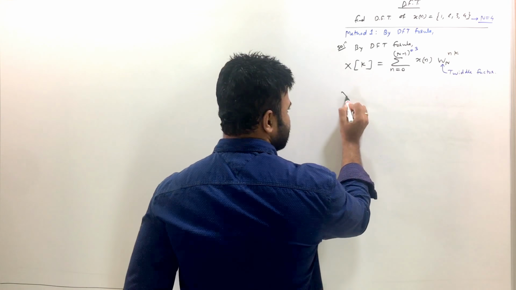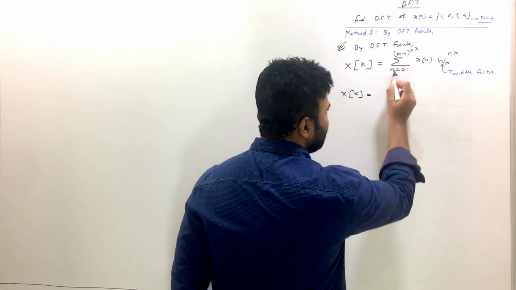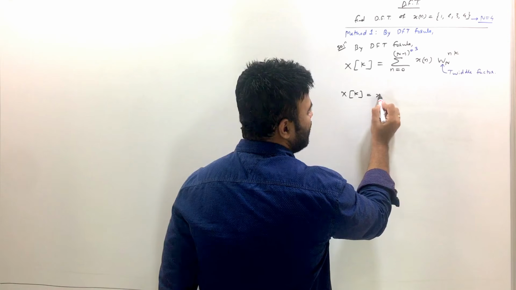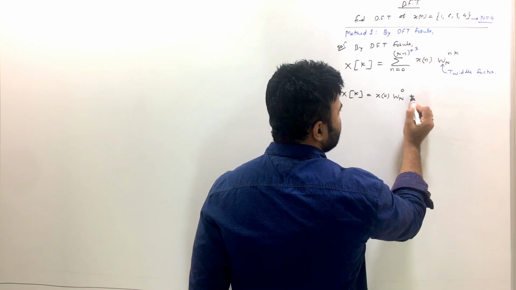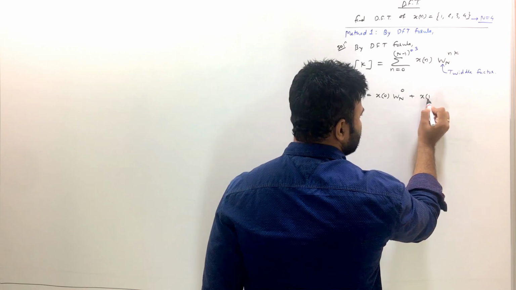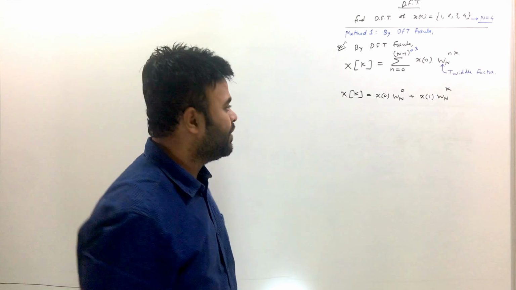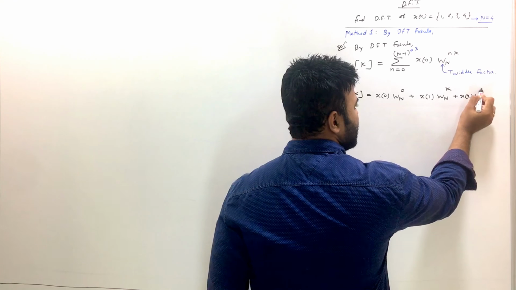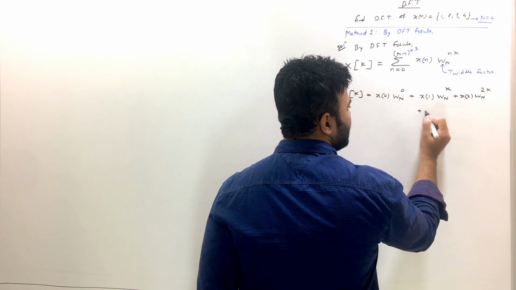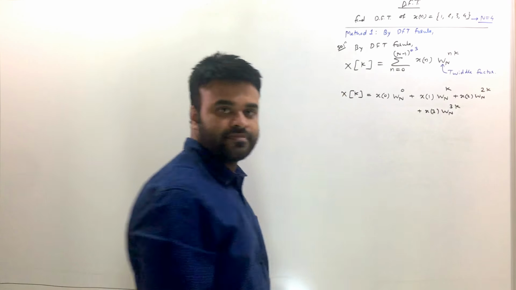You get X[k] equal to, put n equal to 0, you get x0, and this is W_N raised to 0. Then you put n equal to 1, you get x1, W_N raised to 1k. Put n equal to 2, you get x2, W_N raised to 2k. And then you get x3, W_N raised to 3k.